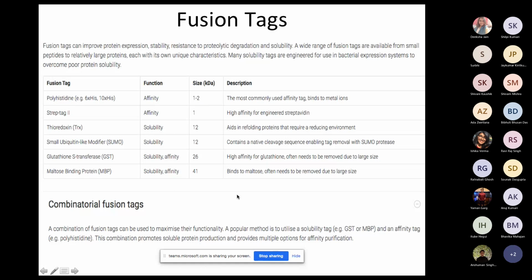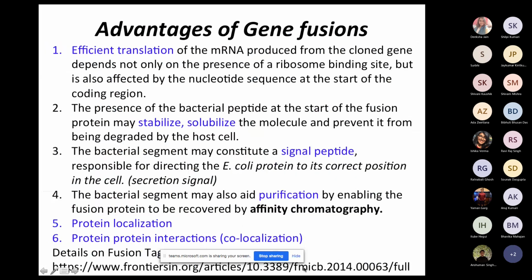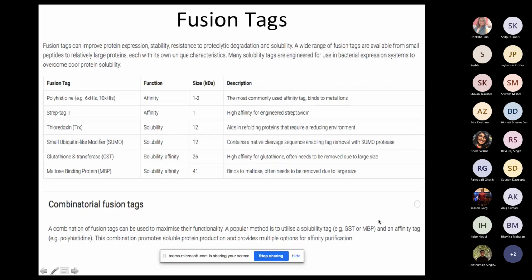And then the article, the link for which I've given you, talks about another fusion tag. I think its name is FH8. And they are saying that it is much better than many of the tags which are already available. And its source is that they were working on some parasite protein, which was important for infection.